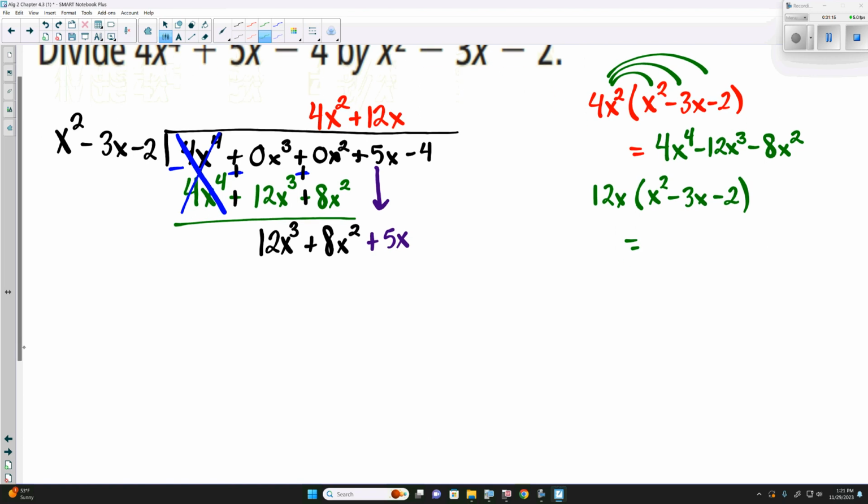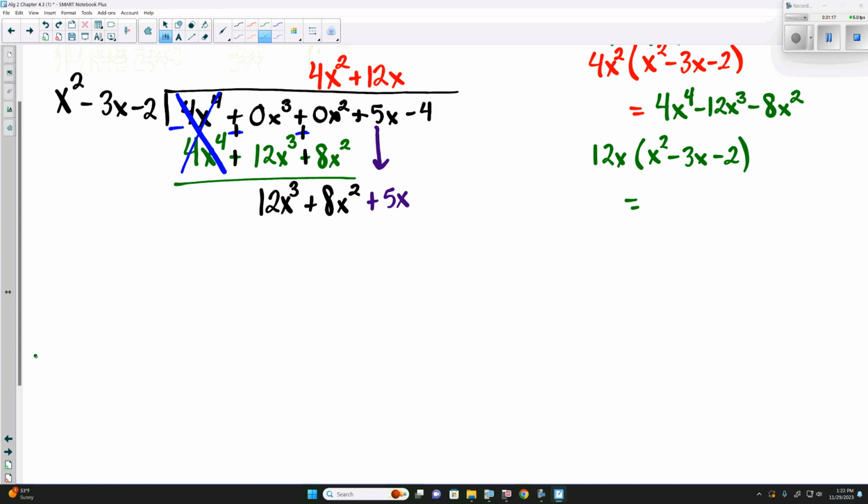Now at this point for this problem, the numbers are going to start getting a little bit bigger. 12x times x squared is 12x cubed. 12x times negative 3x is negative 36x squared. And lastly, 12x times negative 2 is negative 24x. And we'll put it underneath: 12x cubed minus 36x squared minus 24x.